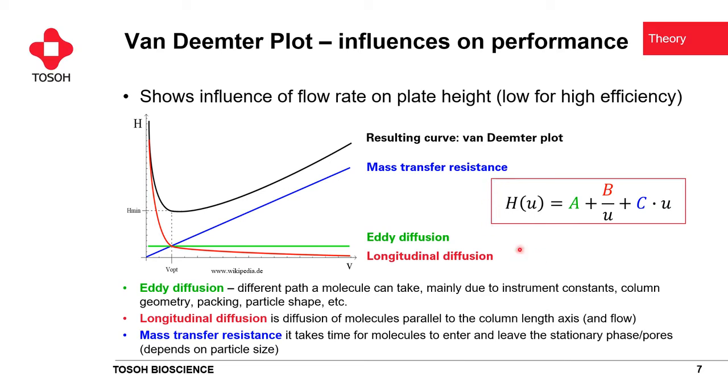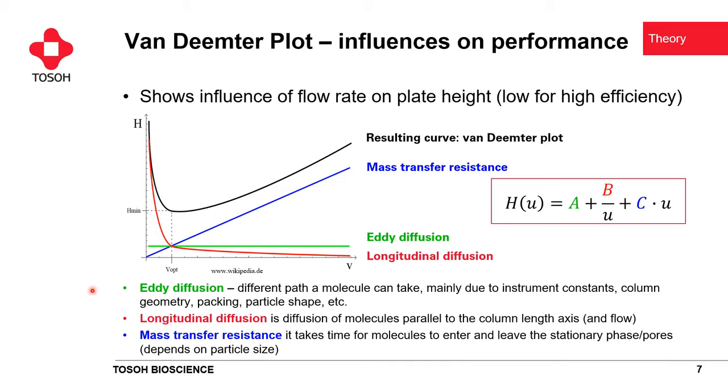So all of these have an impact on the plate height and efficiency of our separation, but what do they actually describe? The eddy diffusion describes the diffusion that we have because of molecules of the very same size taking different paths through our bed in the column.